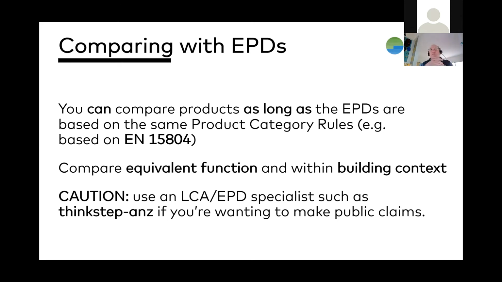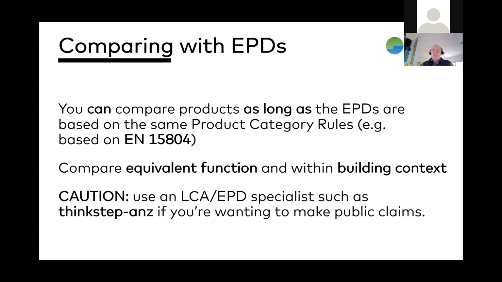Now, because they're produced to those same category rules, that's why EN 15804 compliance is very important. We should compare equivalent function and within the building context. Just a word of warning, particularly to manufacturers out there, if you do want to make public claims, you've got to be careful.